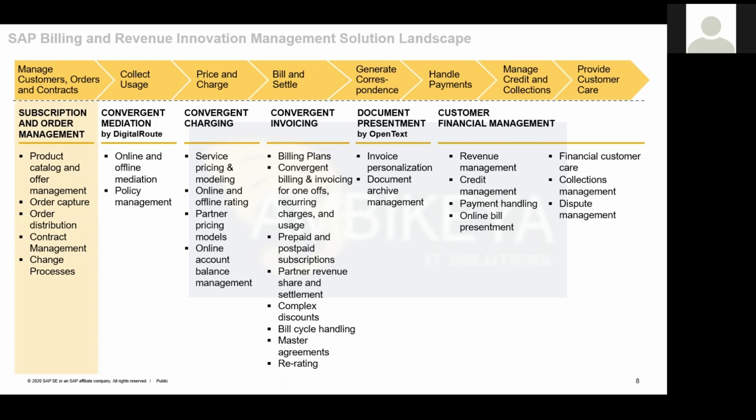We have the order distribution and the contract management, and also the change processes if you, for example, want to change the service level of your contract. We have convergent mediation, which is a partner product. That is the reason why we only have slides, but we show in the training the processes that are handled by Digital Route. They also assisted with one chapter of the training.